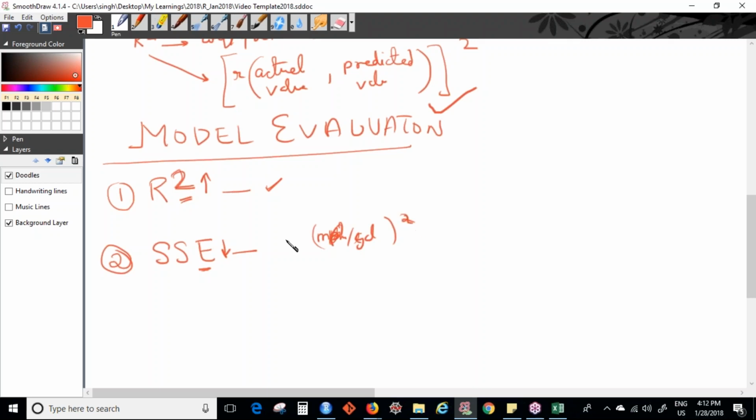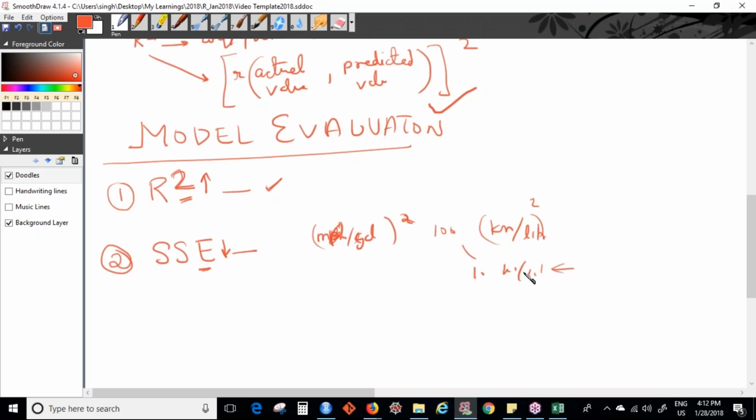This is the unit. Now, do you think this unit is very interpretable? Because you have this square, right? So we know how we measure kilometers per liter. But if somebody tells you that my car goes 100 kilometers per liter whole square, do you think it is interpretable? It is slightly difficult to understand, right? Why is he telling me 100 kilometers per liter whole square? He could have directly told me 10 kilometers per liter.